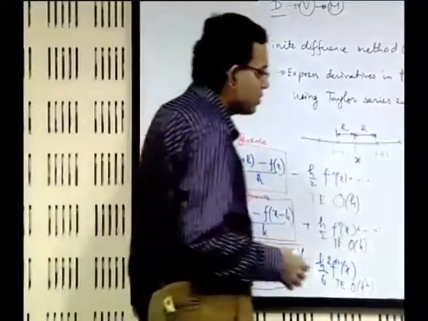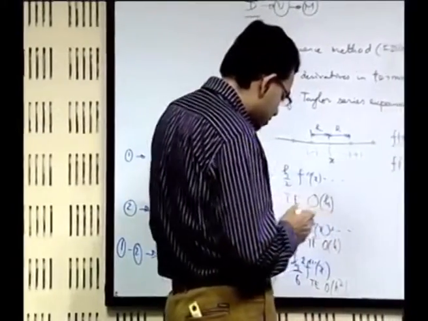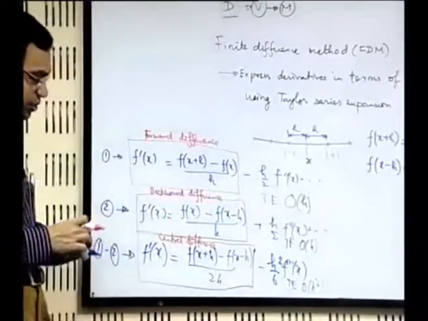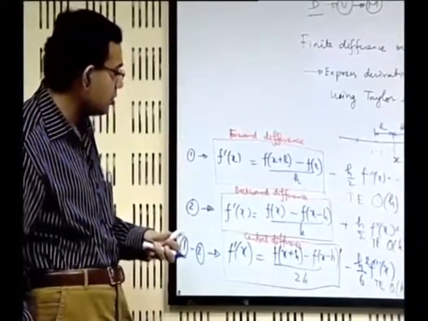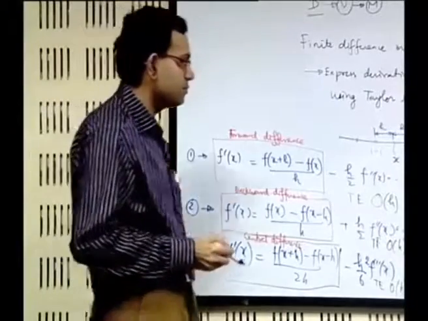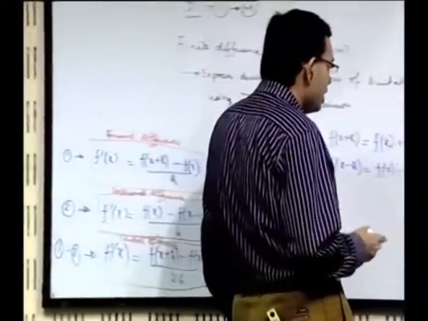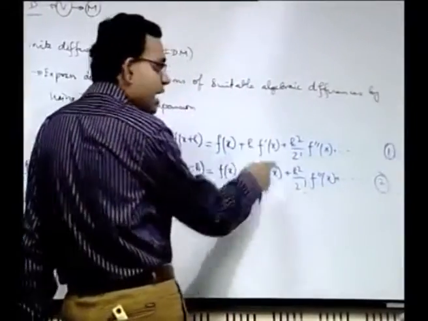Now, this is about the first order derivative. You can do similar things with the second order derivative, so let us try to do that. Let us say we are interested in f double dash x. To get f double dash x, we can add 1 and 2.